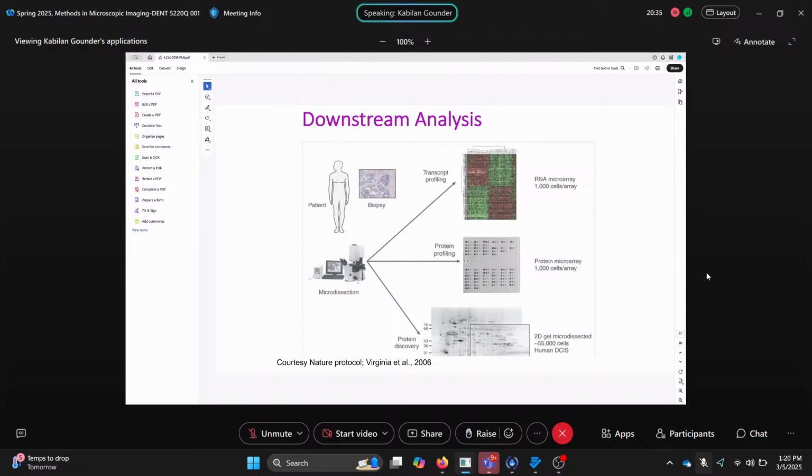Also, if you have DNA, then you can do 16S rRNA sequencing to identify if there are any bacteria, for bacterial analysis. So there are different applications you can use, based on what nucleic acid is isolated from the samples.